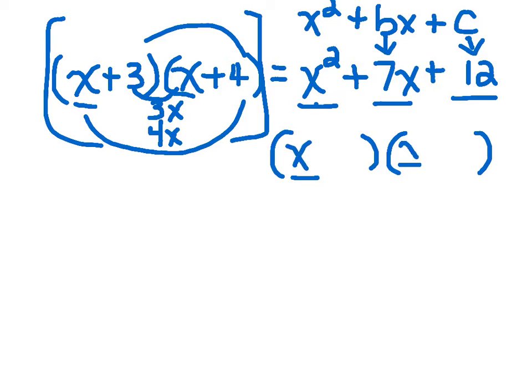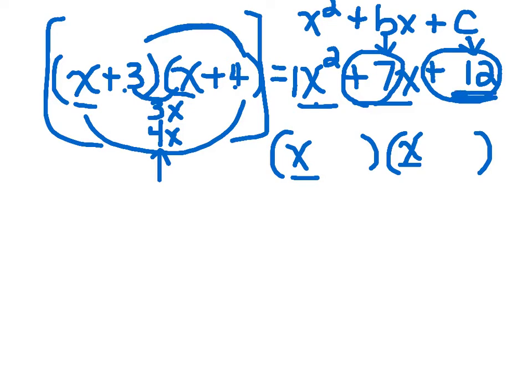That's pretty simple. We know that's x and x, because that's the only thing that could give us 1x squared. The other two clues come with the number 7 and the number 12. We've seen over here that the number 7 came from adding the 3 plus 4, and the number 12 came from multiplying the 3 and the 4.